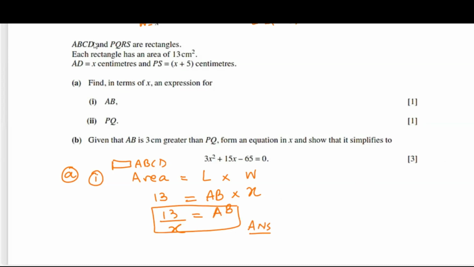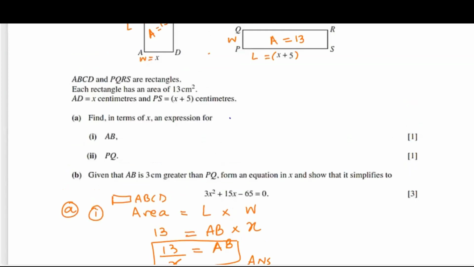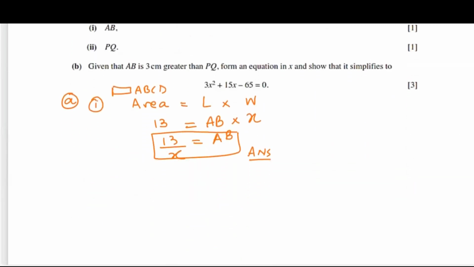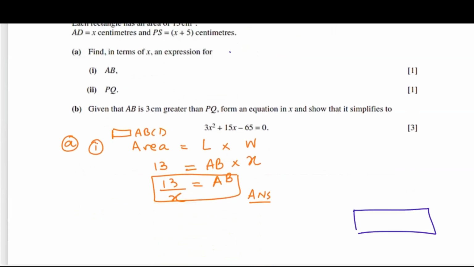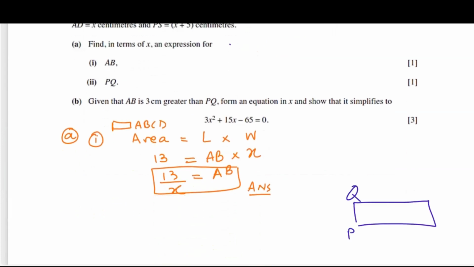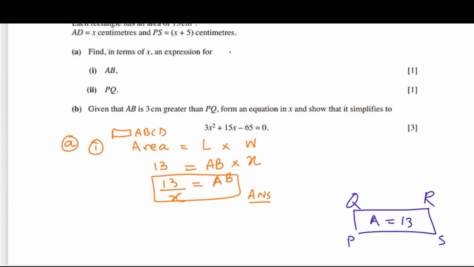Now part B, second part. In the second part, you have to write an expression for length PQ. So for the second part, we are using this rectangle PQRS. PQRS has area equal to 13 and length equals x plus 5. Width is unknown, x plus 5 is the length.